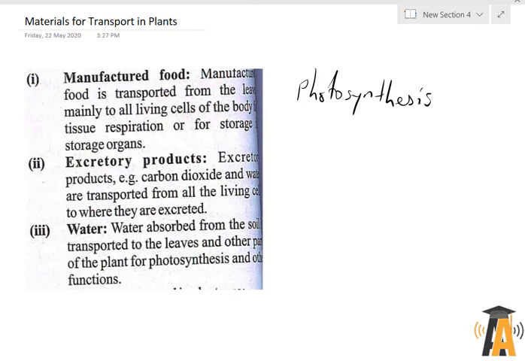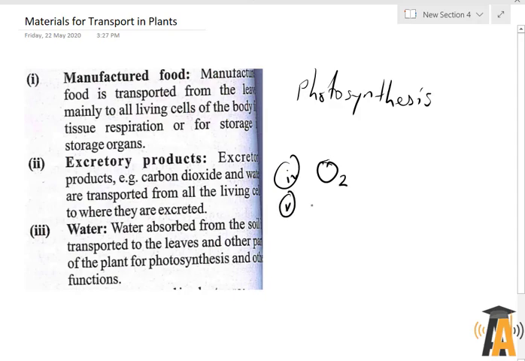Also, excretory products are transported, so that's carbon dioxide and water in the plant. They are transported from one place to another. Water, which is absorbed from the roots or from the soil, is also transported to the leaves and various parts where it will be utilized for photosynthesis or for other functions. Other things transported in plants include, number 4 here, oxygen, O2.